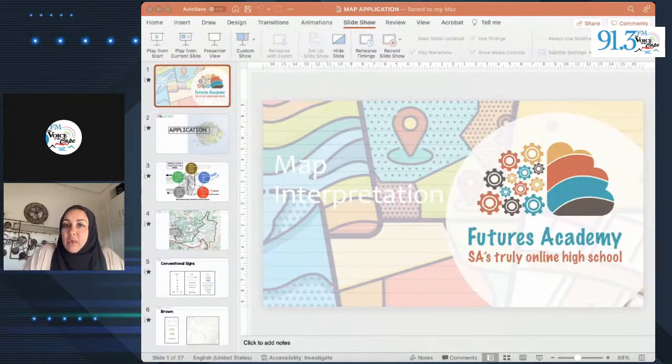So remember, your contour lines will indicate to you immediately what the height above sea level would be, whether the area is steep or whether the area is gentle, right? When the area is gentle, we often find cultivated pieces of land, as opposed to when it is steeper, we would find plantations or forestry on that slope.